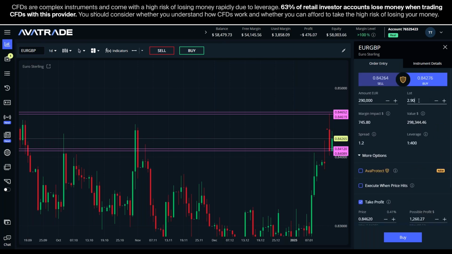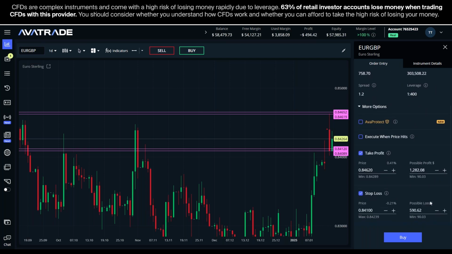I'm zeroing in now, 2.95. Okay, 590. A hair over 1% risk. Now it's moving, so now it's under 1% risk. I'm risking 576, to make almost 1,300. Okay, make over 2% on my balance, risk less than 1% or about 1%. So I've got my risk management done.